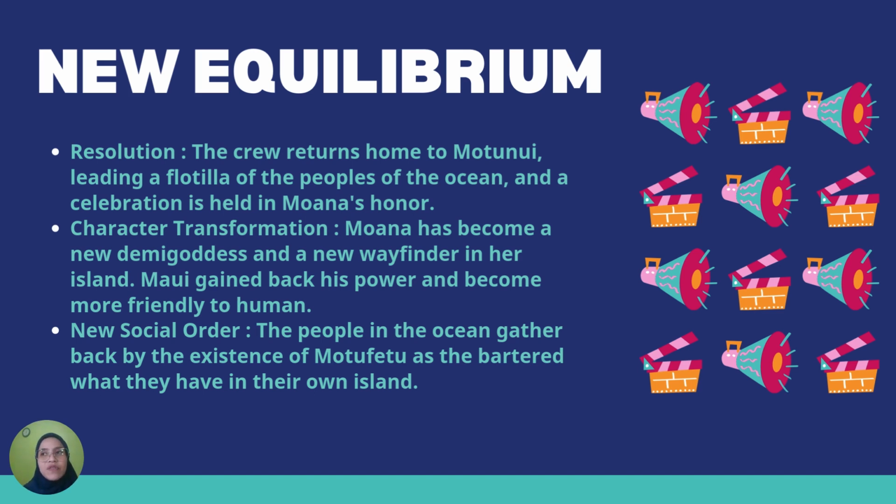What they have, they exchange with what people from other islands have, and that's how life begins to develop at that time. So we call it the new equilibrium stage, and those are the five stages in Todorov's narrative structuralism theory.